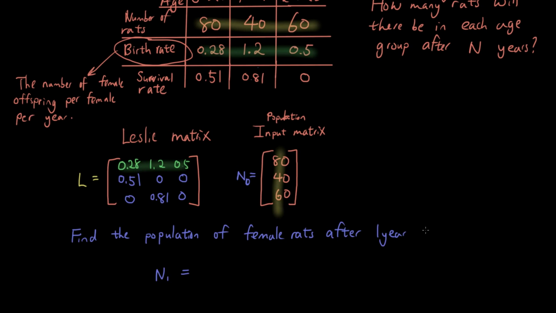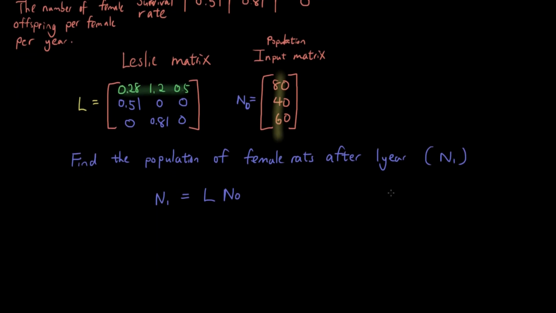To find that, all you have to do is take the Leslie matrix and multiply by the population matrix, or the number of rats initially. So the Leslie matrix multiplied by the initial population matrix will give you the population matrix after 1 year.